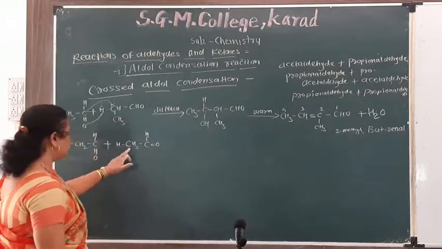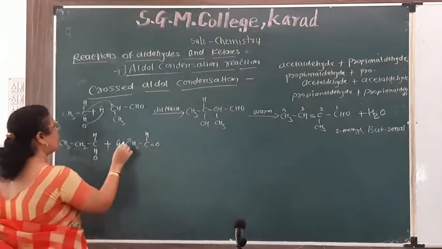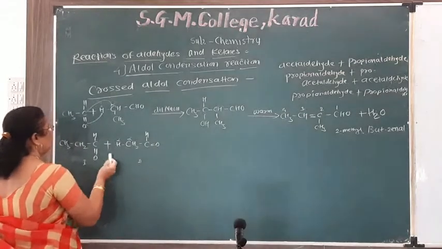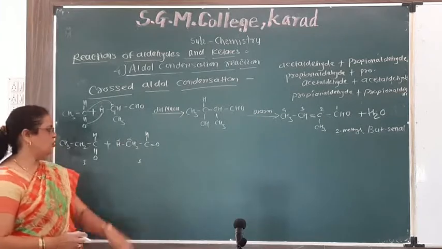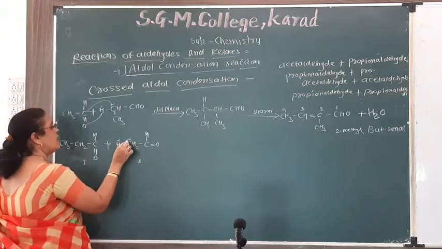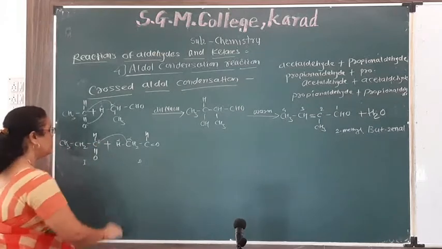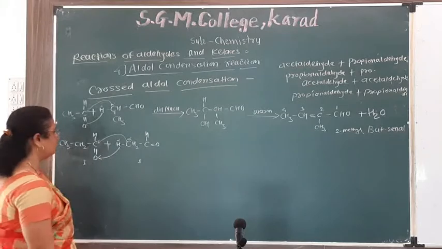We know that this is the alpha carbon atom, this is the alpha hydrogen atom. Then the alpha carbon atom of this second molecule gets attached to the carbonyl carbon atom of the first molecule, and the alpha hydrogen migrates towards the carbonyl oxygen.